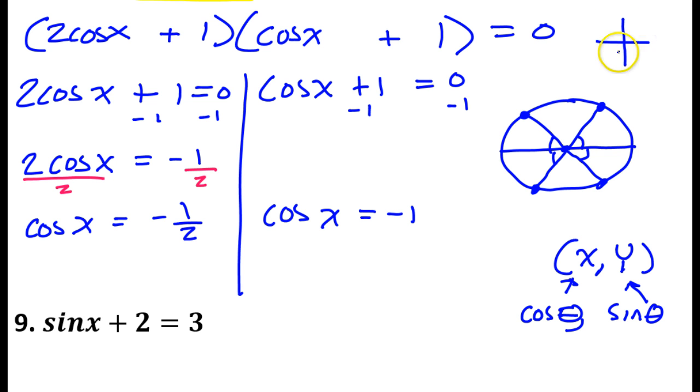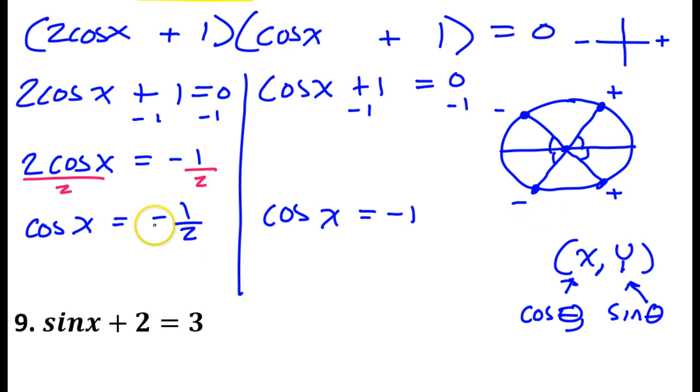If we're talking about the x values, we're talking about moving to the right and moving to the left on the x-axis. So the positive ones are to the right, the negative ones are to the left. That means these 2 are the positive cosines, and these 2 over here to the left are the negative ones.